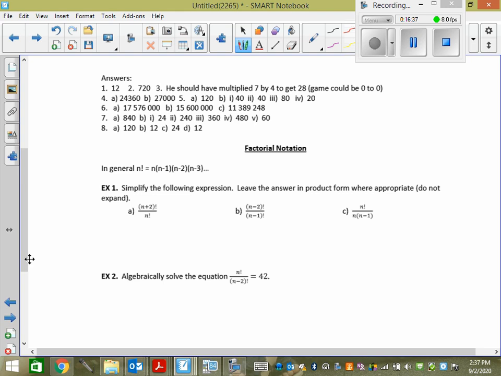Or 6 times 5 times 4 times 3 times 2 times 1 is 720. So basically, if you can say blast off after you're done, it's a factorial notation, right? So factorial notation is I started a number and I decreased by 1, multiplying until I get to 1, correct? So it can't be any negative numbers, obviously, and it can't be 0, right? Because it stops at 1.